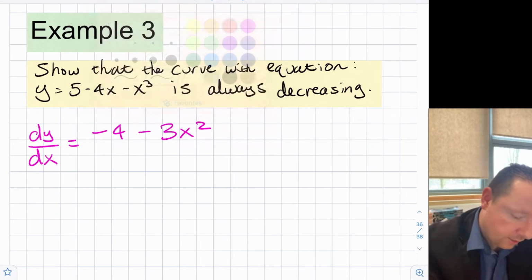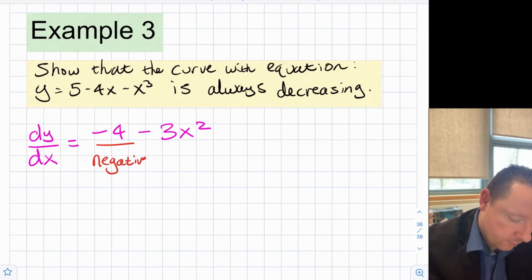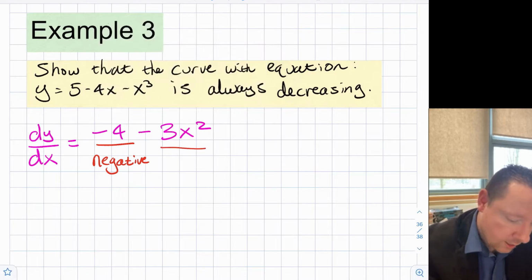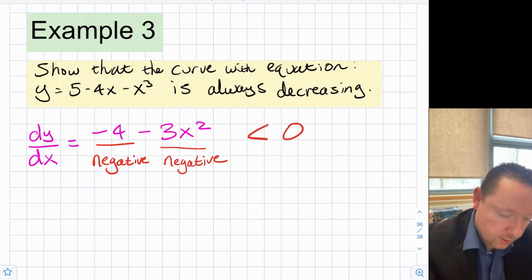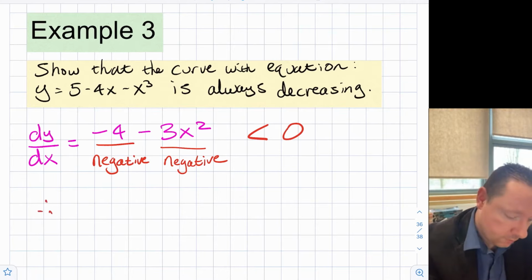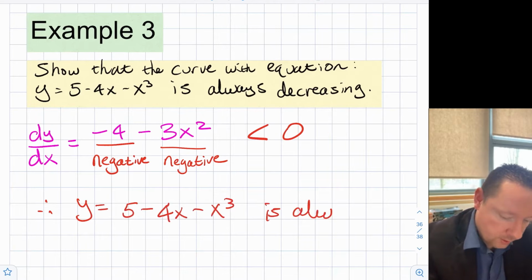If I just annotate this, that's always negative. When you square a number, that's positive, but then you times it by a negative number, so that's always negative. That means that that is always less than 0. And we're done. So therefore, y equal to 5 minus 4x minus x cubed is always decreasing.